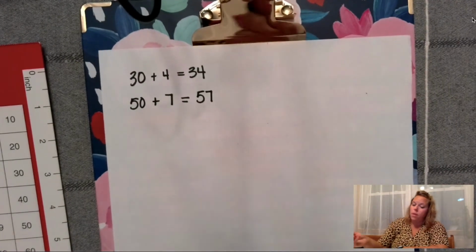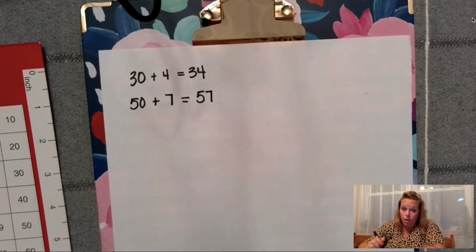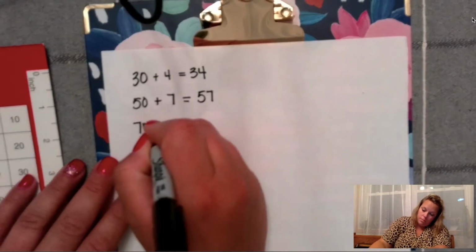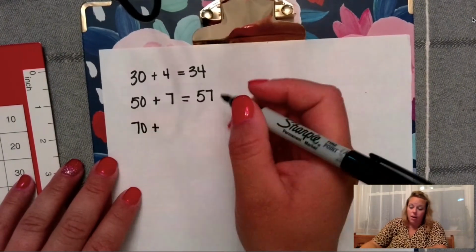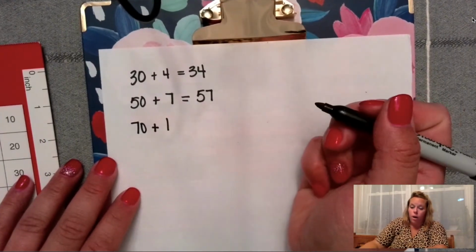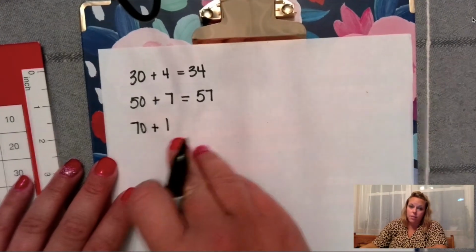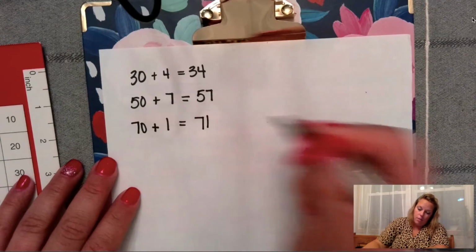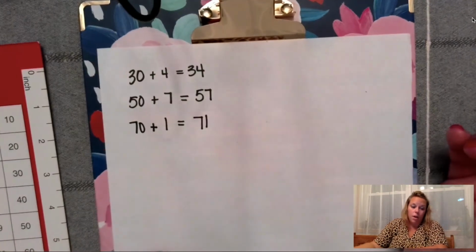First grade, what about the number 71? What do you hear first in 71? You're right if you said 70, and then you would hear a 1. But instead of saying 70 plus 1, we're going to say 71.